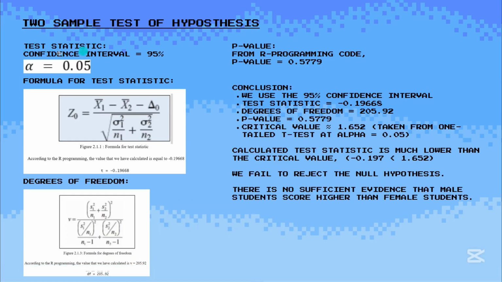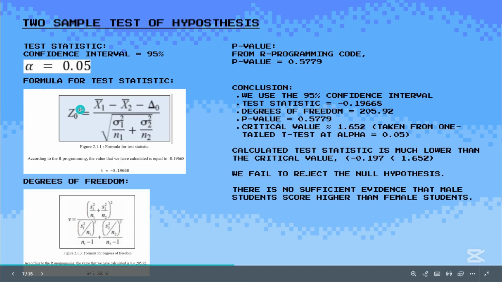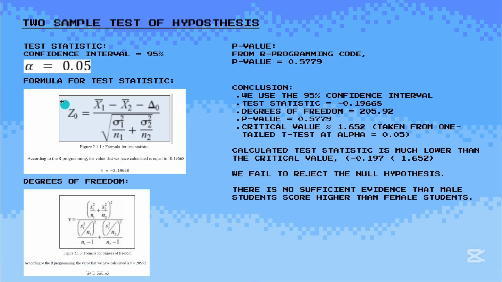For the test statistic, we have noted that the confidence interval is 95%, so the alpha is 0.05. Conventionally, to calculate the test statistic we would use this formula, but in our R programming code, we have calculated that it is equal to negative 0.19668.